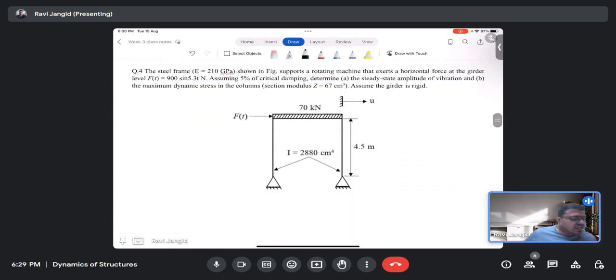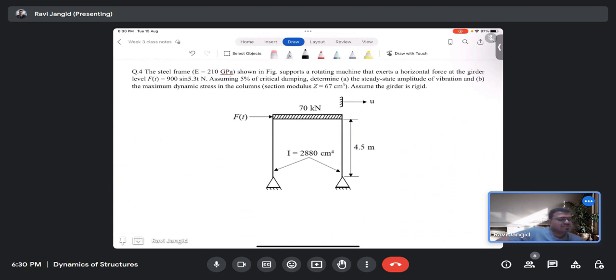Okay, so let's do the numerical question. So in this question we have a steel frame shown in the figure, and the steel E value, as we know, is 210 gigapascal, and it supports a rotating machine on a girder level.